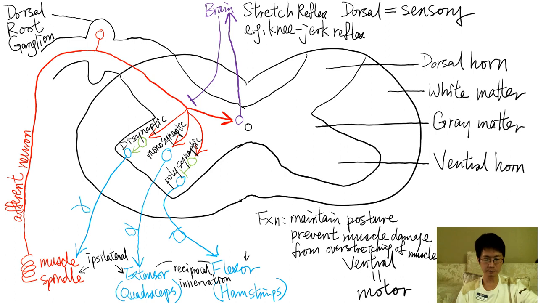And guess what? Okay, you have function number 1. I apologize, I should number this. You have function number 2. And then function number 3 was that doctors use knee-jerk reflex to check what?